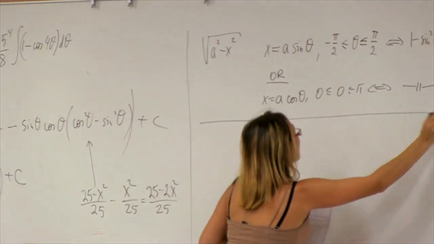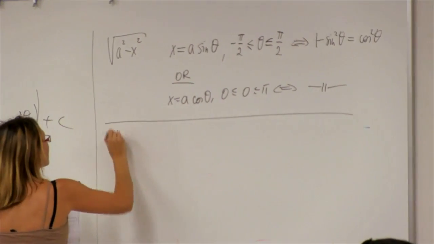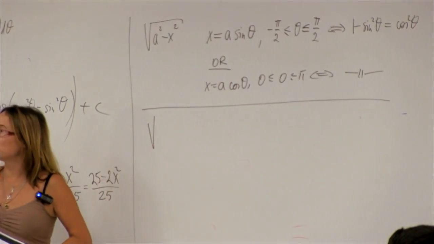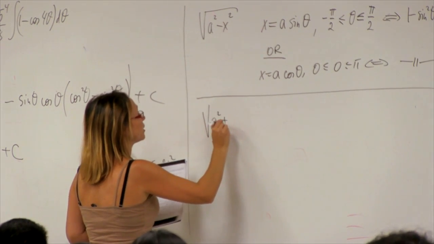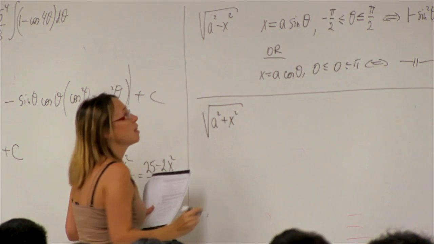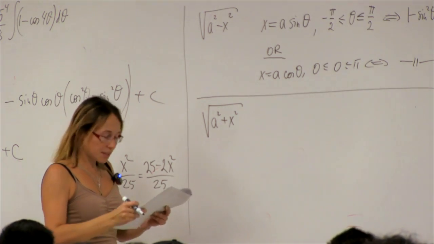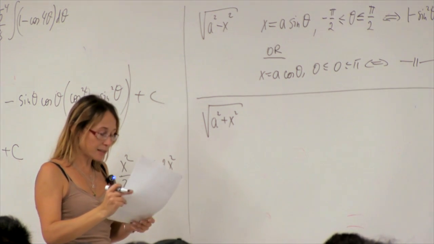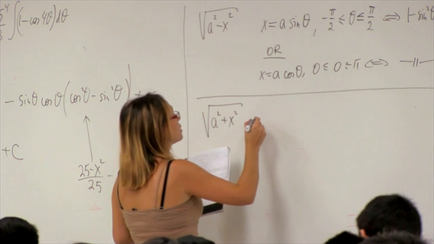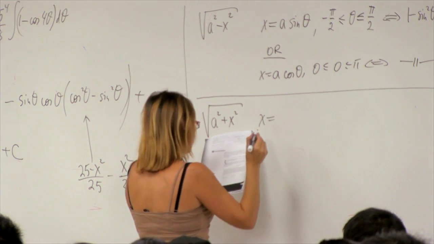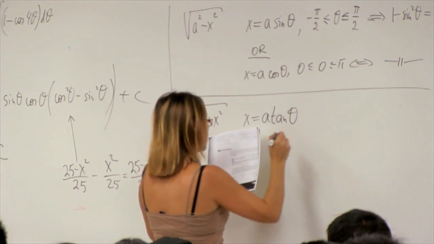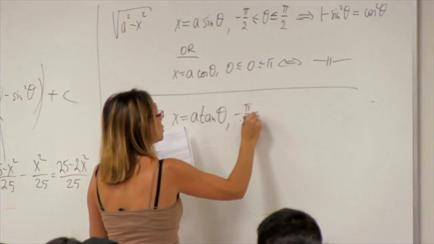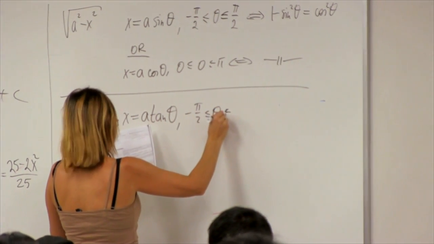So now, if you want to write down that pattern in general, what do we see? It's something like a squared plus x squared. And it requires a slightly different technique and a different identity. So here, we're going to take x equals a tangent theta, with theta strictly between minus pi over 2 and pi over 2.